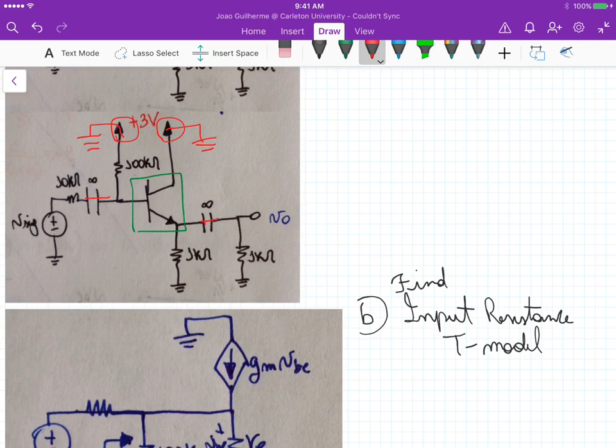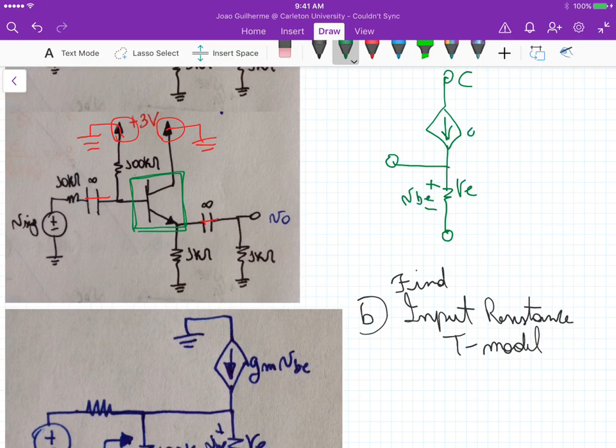So we can substitute the BJT here by its T model, and the T model, if you remember, is the voltage, the current source, and the small emitter resistance. So this is the collector, this is RE, this is what I'm calling VBE, so this is gm times VBE, this is the base, this is the emitter, right?